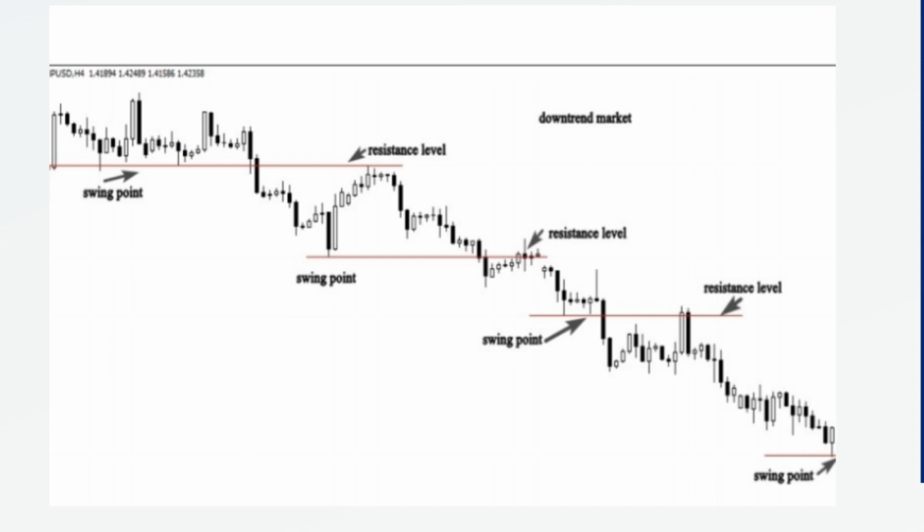So you can see price reversed from this resistance over here. Price reversed from this resistance over here. Price reversed from this resistance over here. So basically now you can catch the beginning of the impulsive move on this downtrend by selling around the newly formed resistance. Now back to the trend line issue.